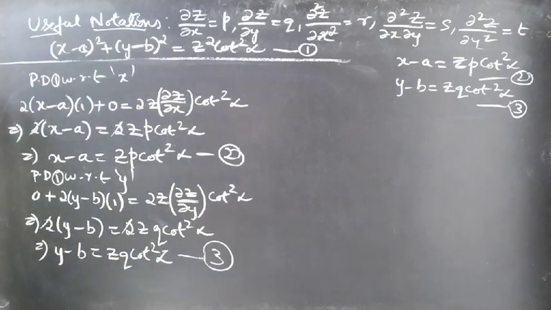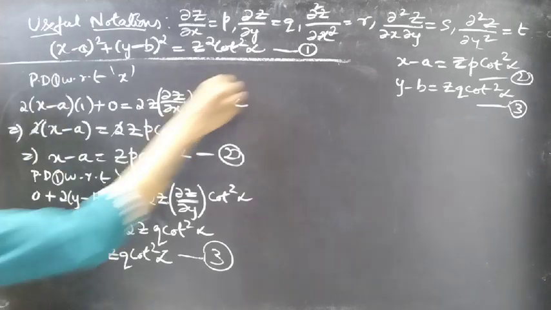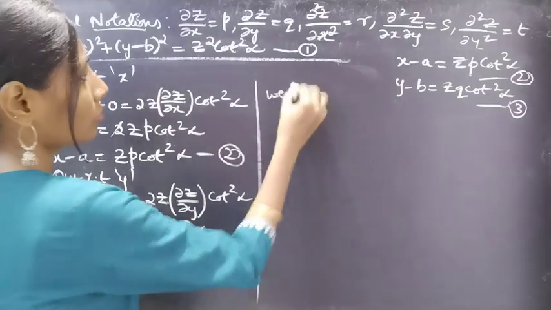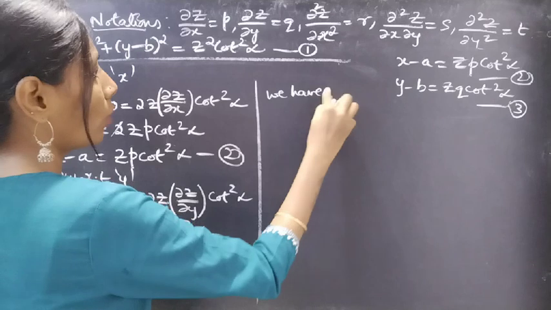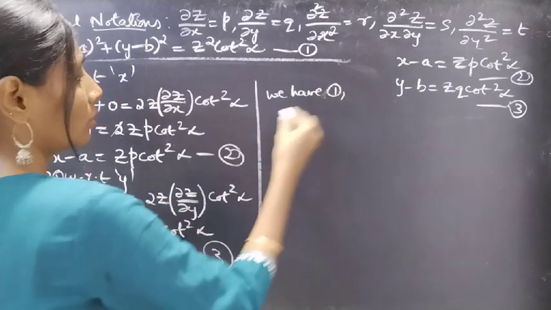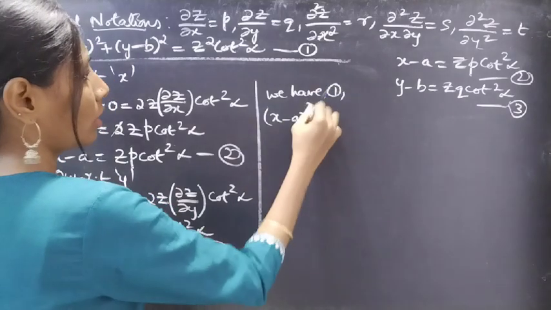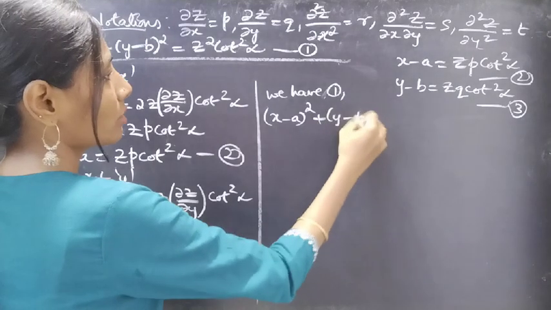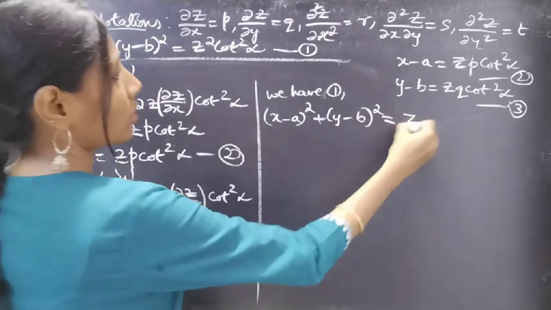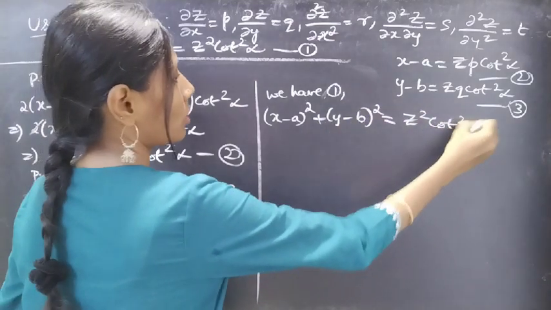So we'll just substitute 2 and 3 in 1, okay? We have (x minus a) whole square plus (y minus b) whole square equal to z square cot square alpha, right?